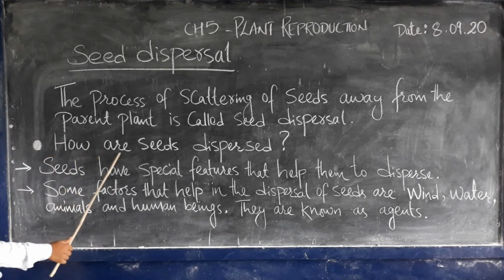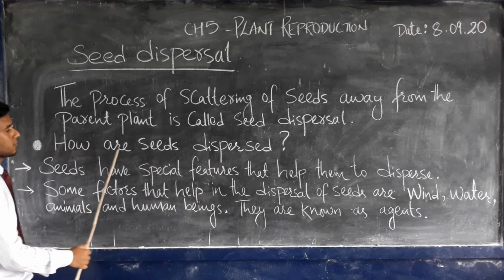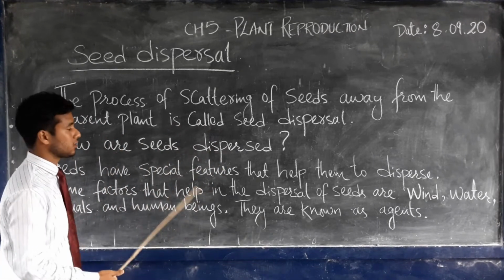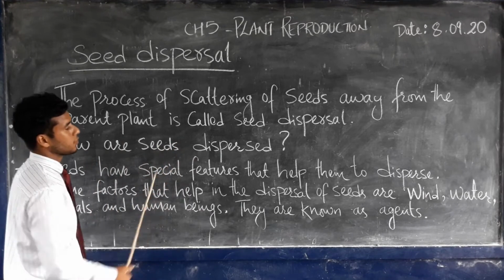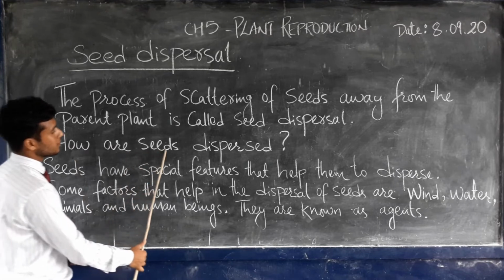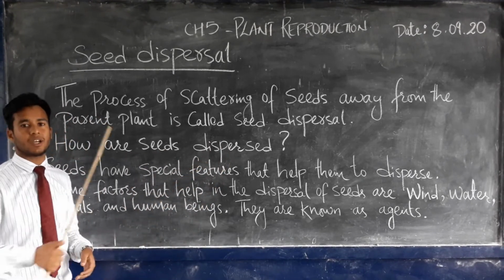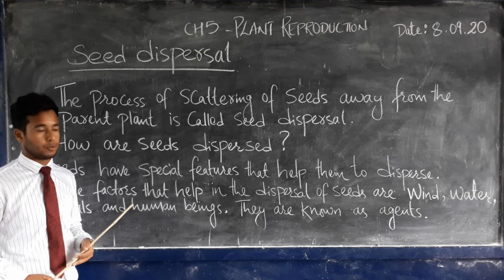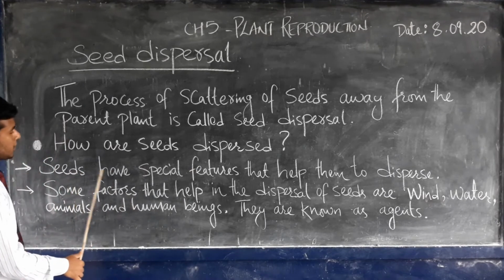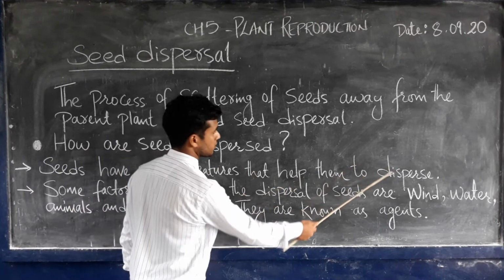Now how are seeds dispersed? This sort of question may come during the exam, and it may arise in your mind also. Seeds have special features that help them to disperse.